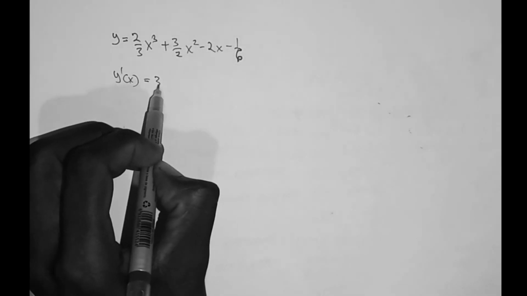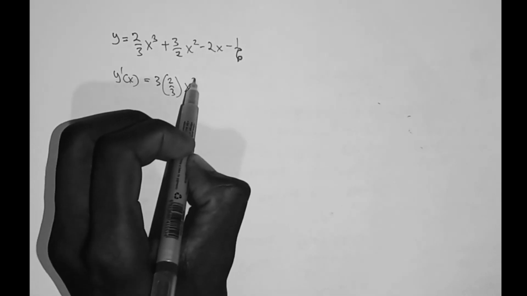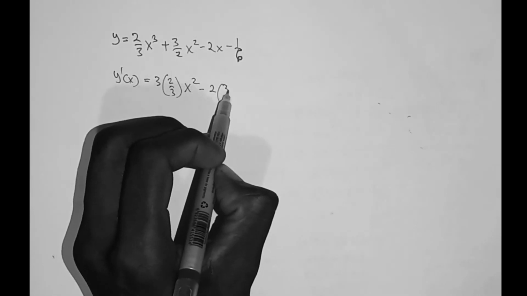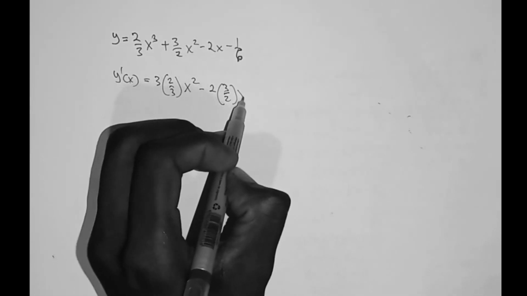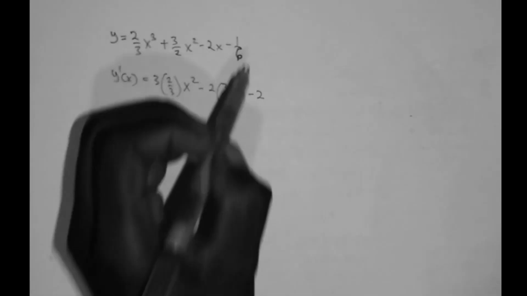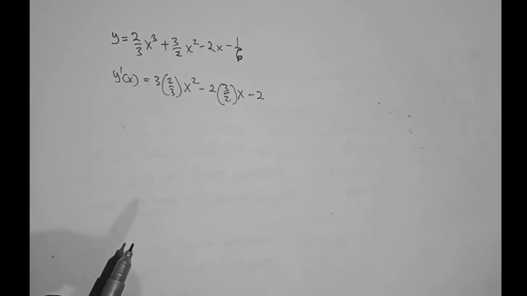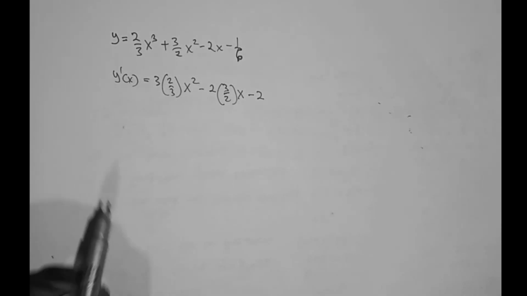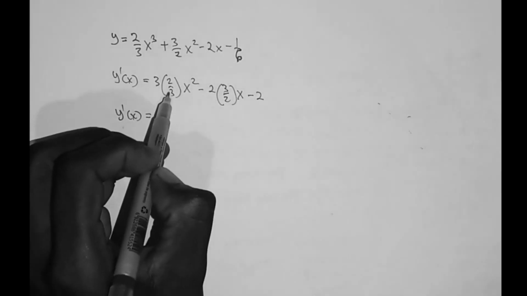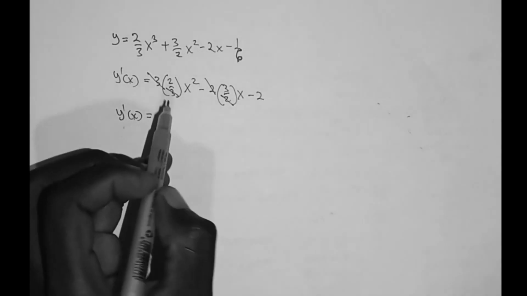It becomes 3 times 2 over 3 x squared minus 2 times 3 over 2 x, then minus 2. If you differentiate minus 1 over 6, it is a constant, and its derivative is equal to 0. So y prime of x is equal to, this 3 and 3 can cancel, and this 2 and 2 can also cancel.